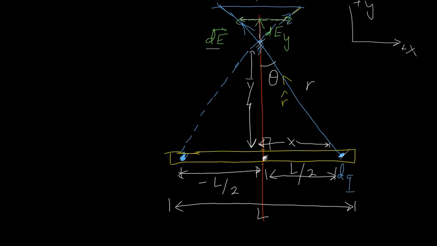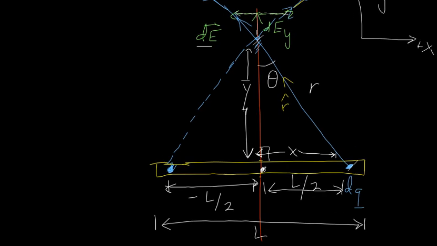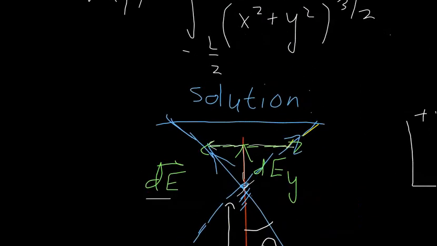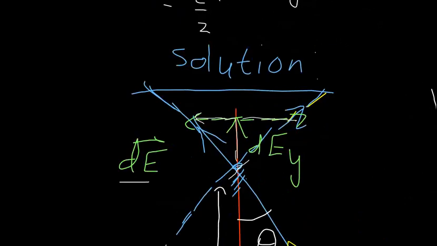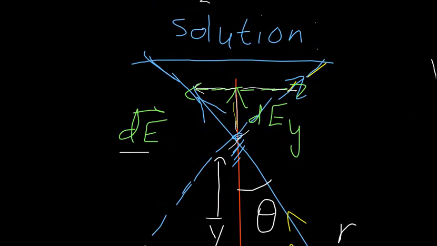Due to obvious symmetry, horizontal components in x and negative x cancel, so only the vertical component of the electric field is preserved. I'm repeating myself multiple times to make sure it is clear that dEy is the only thing that is preserved. So dEy is preserved, dEx is not.